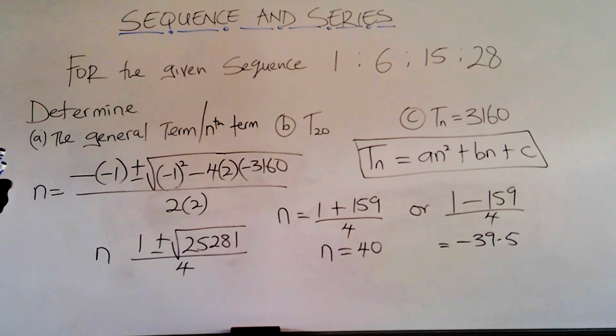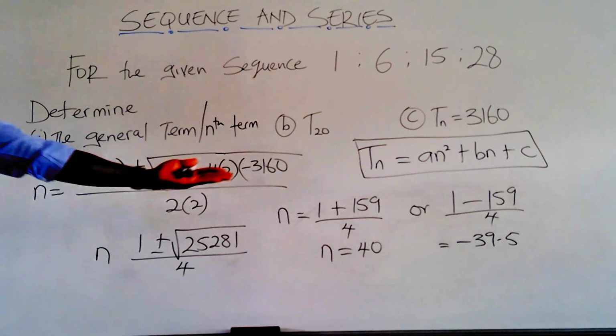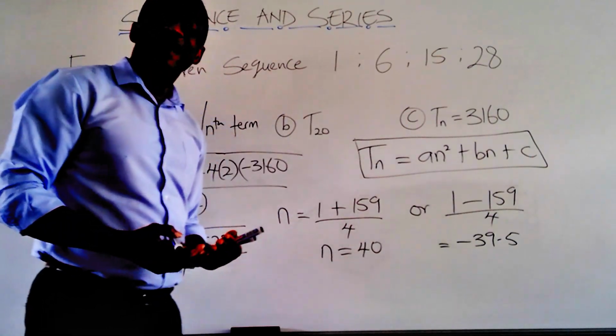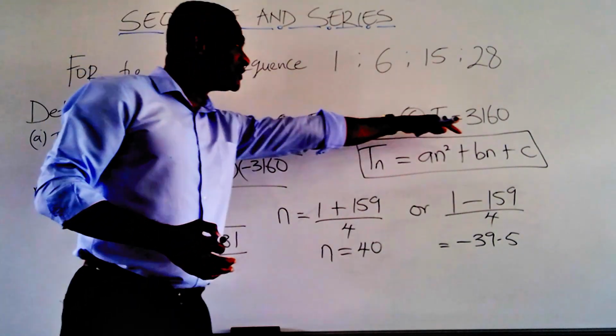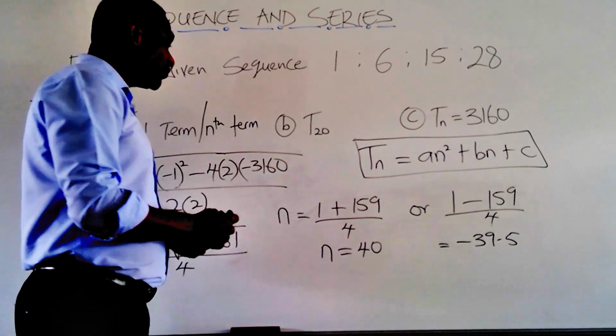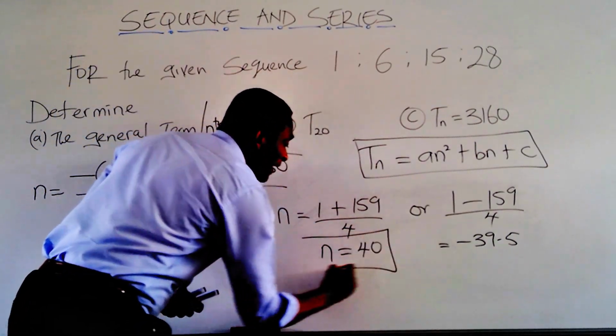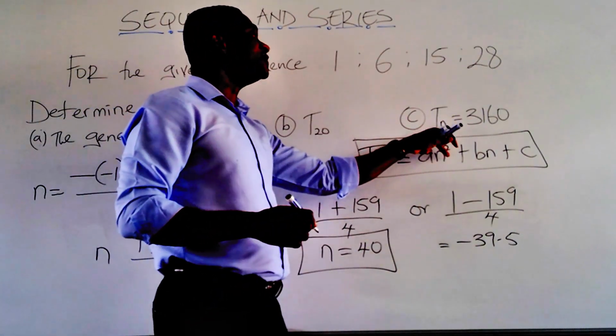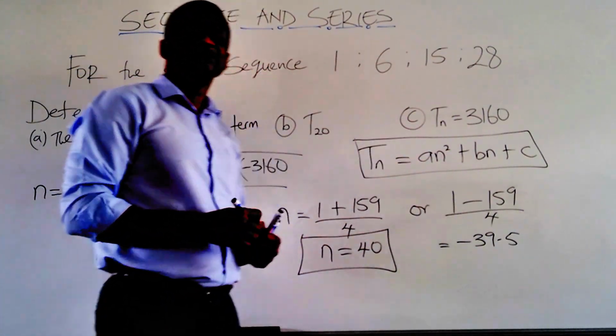Now, remember, like I said before, the term number must be a whole number. So 40 will be our final answer. So term 40 is what will give us 3160.